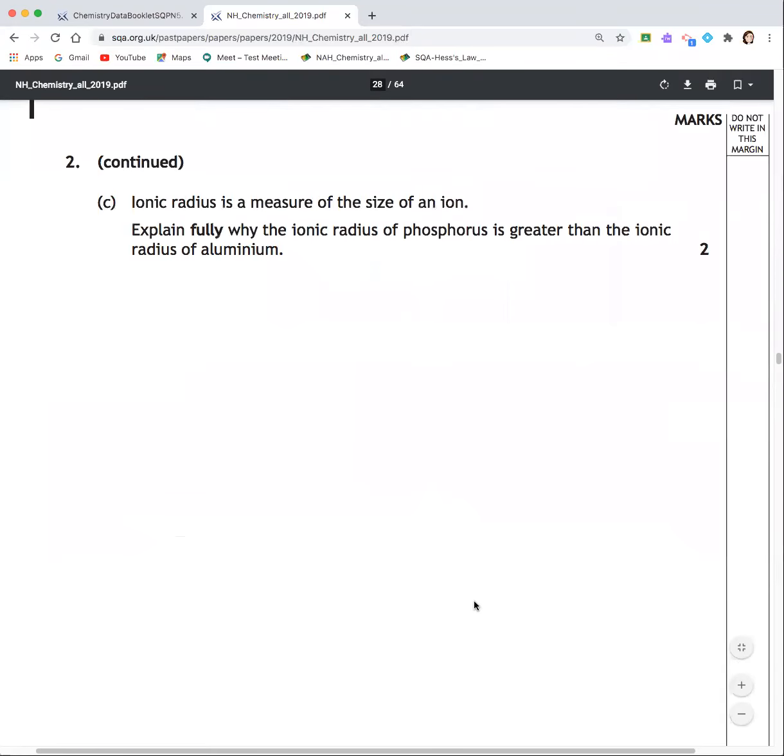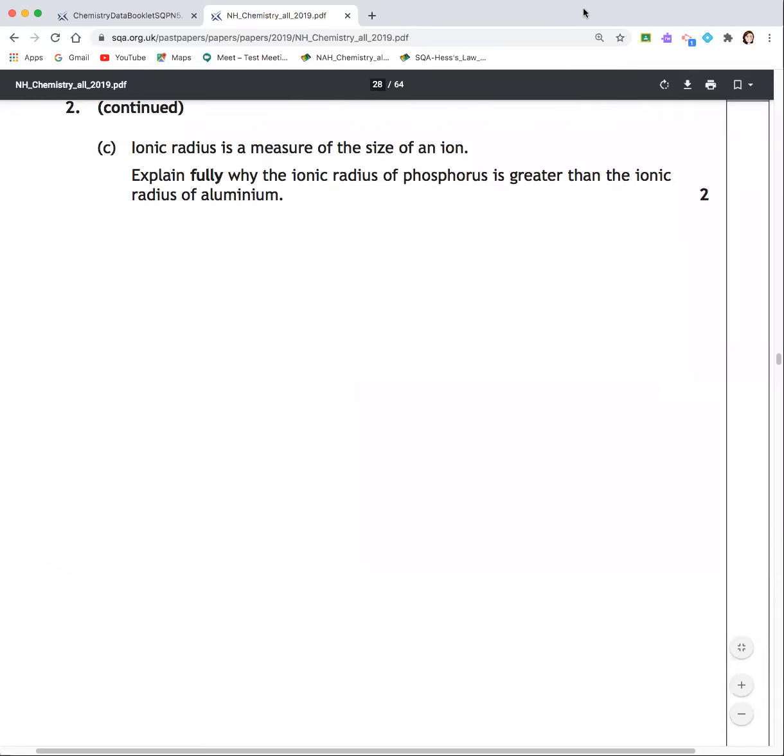Then C, ionic radius is the measure of the size of an ion, so we're talking about ions this time. Explain fully why the ionic radius of phosphorus is greater than the ionic radius of aluminium. So if we look at what these 2 things are as ions, phosphorus would gain 3 electrons to get a stable arrangement, because remember that's why atoms form ions, to get a stable electron arrangement.